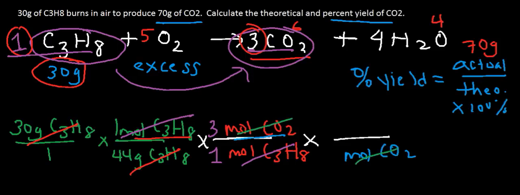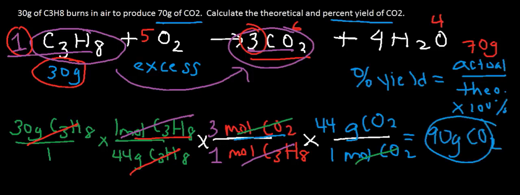So therefore, grams of CO2 has to go on top. And we said the molar mass of CO2 is 44. So that means that there's 44 grams of CO2 per 1 mole. So now we can do the calculation. The numbers on top you multiply and you divide by the numbers on the bottom. So 30 divided by 44 times 3 times 44. So this gives us a theoretical yield of 90 grams.